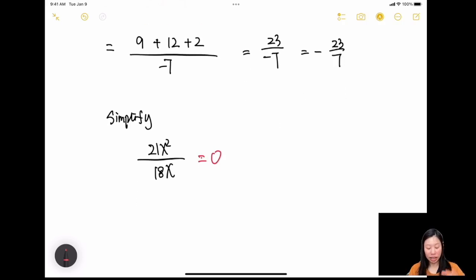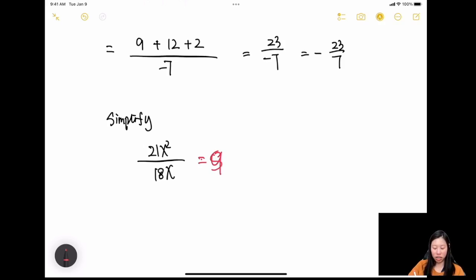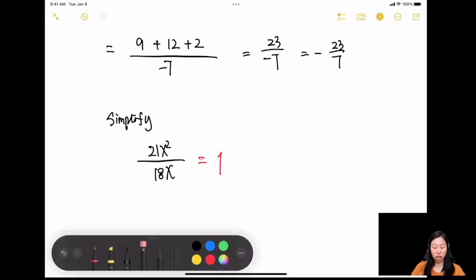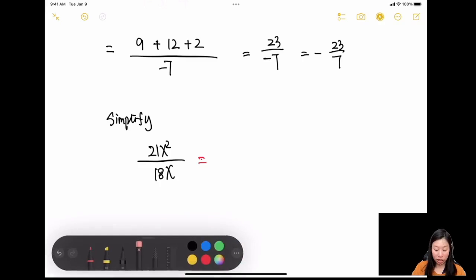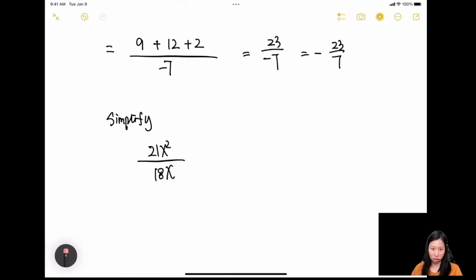No, it didn't say that this function equals 0. You made it up. Why would you think this is equal to 0? You think equal to 0 is easier for you to solve the question. No, don't do that, because they didn't say the function equals 0. We just want it to be simplified.